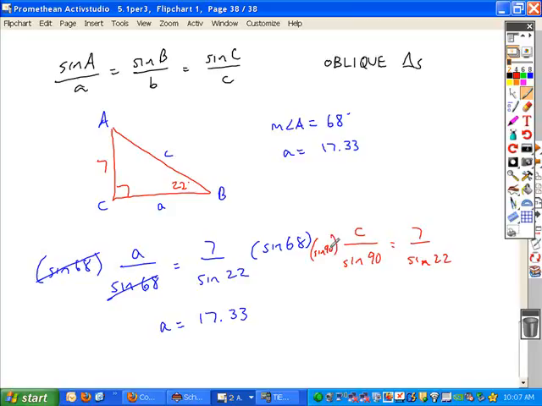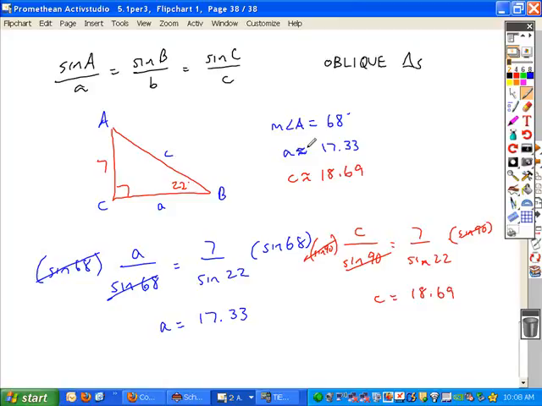Sine of 90 degrees is a value of 1. And when you do unit circle stuff, you'll know that without having a calculator. But really, you're just looking at what is 7 divided by the sine of 22. And you get C is equal to about 18.69. Okay, and so these are your values.